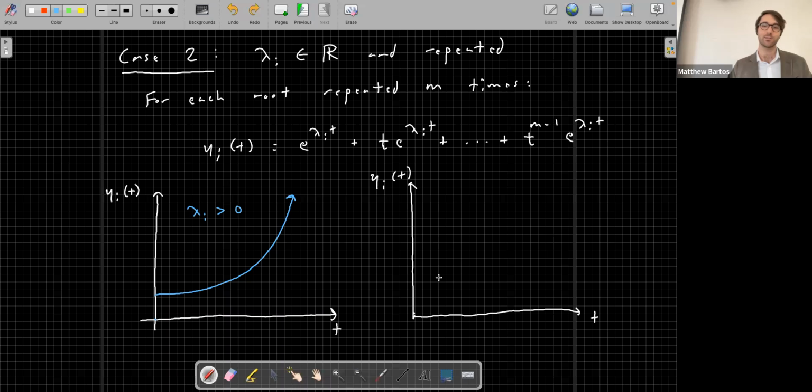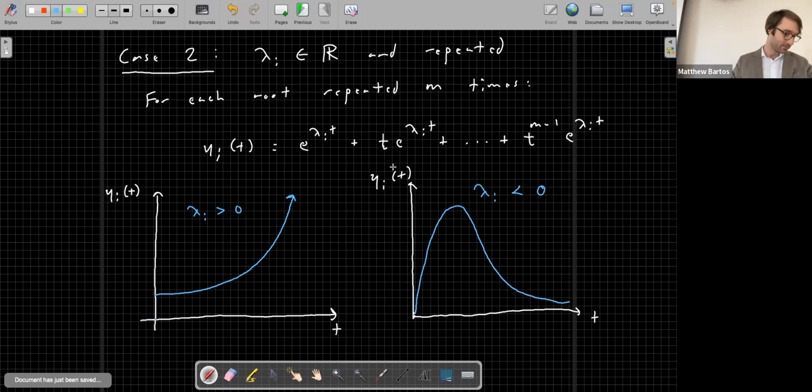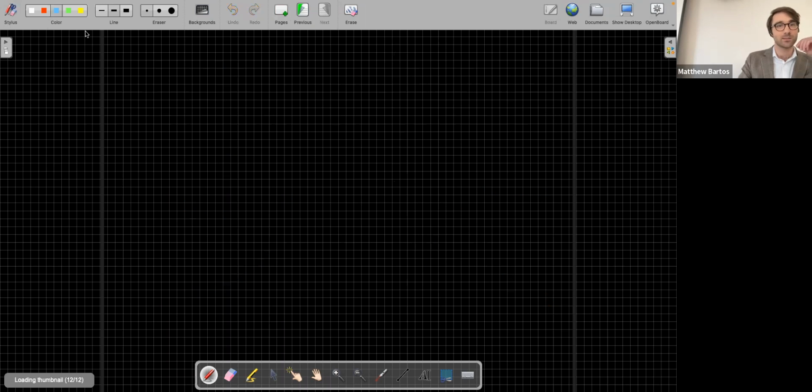Actually, I'll draw it in blue here to be consistent. Don't treat this as an exact drawing, but it'll look something like this. And this is for lambda_i less than 0. So you'll have the decay, but weighted by the time term. Okay, very good.